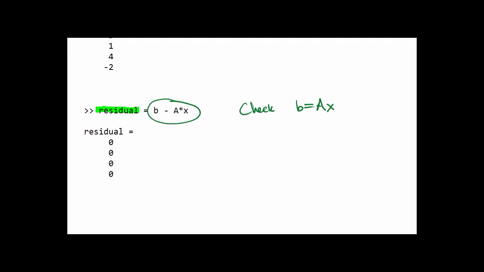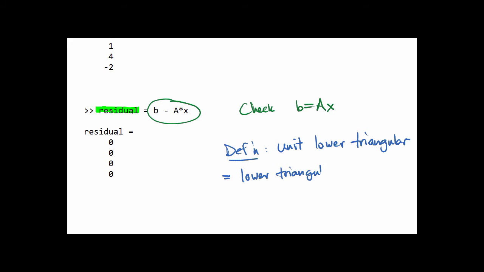I just want to introduce one last definition. So we say a matrix is unit lower triangular. It means the matrix is lower triangular and has 1s on the main diagonal.